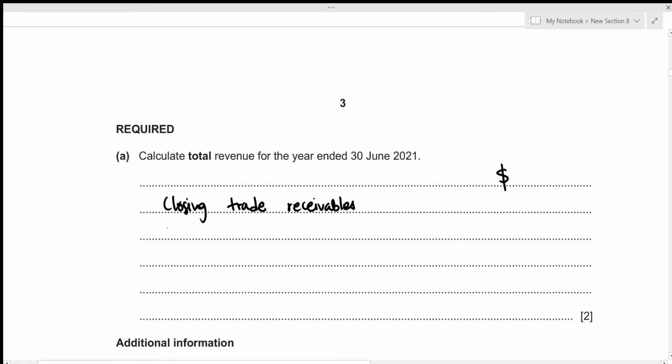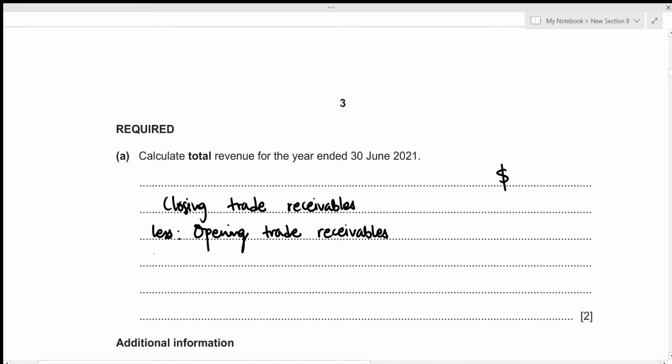Then we will subtract the opening trade receivables. We will deduct this value because this is the closing trade receivables for the previous year, indicating that these are the amounts yet to be received in turn of the credit sales made in the previous year, not the current year.